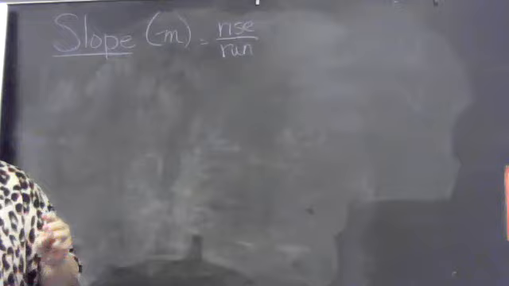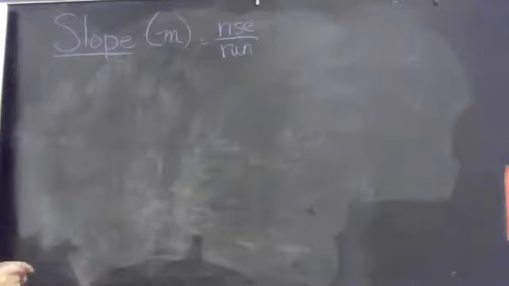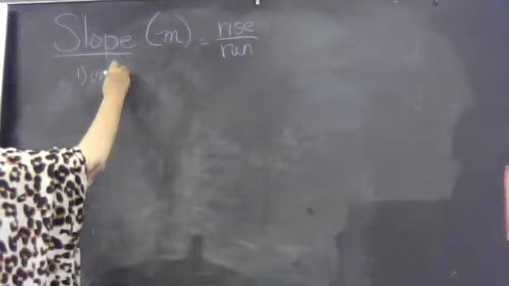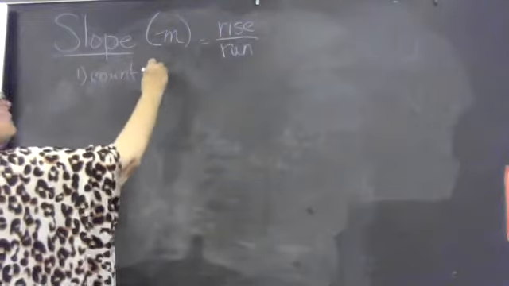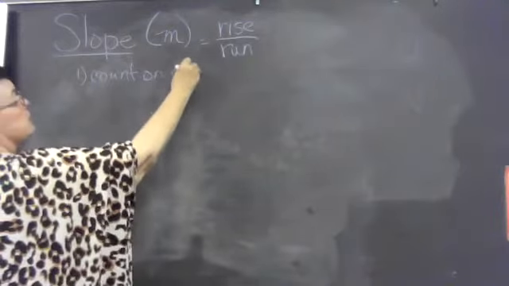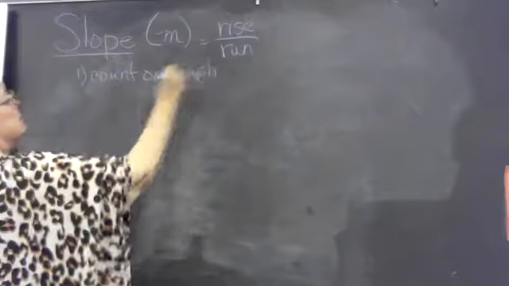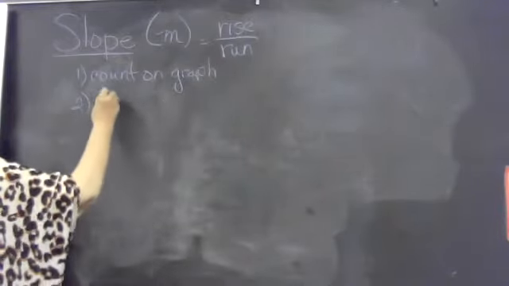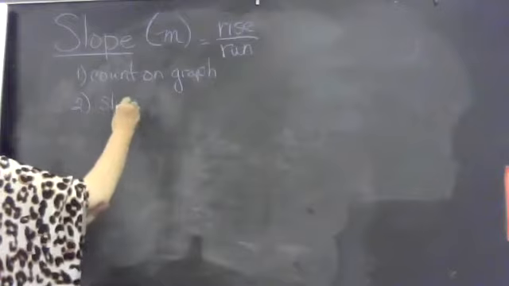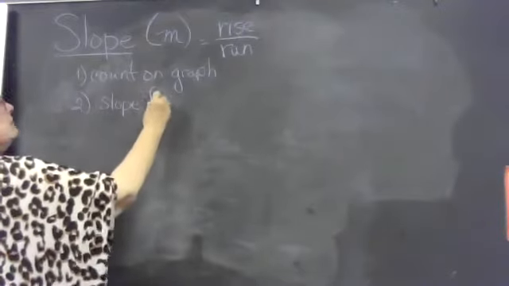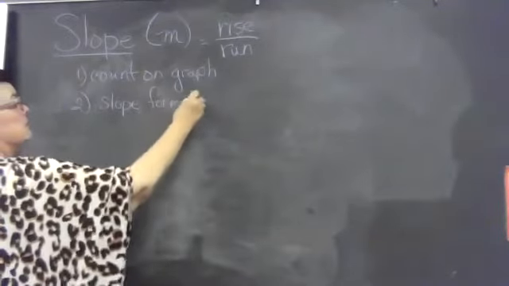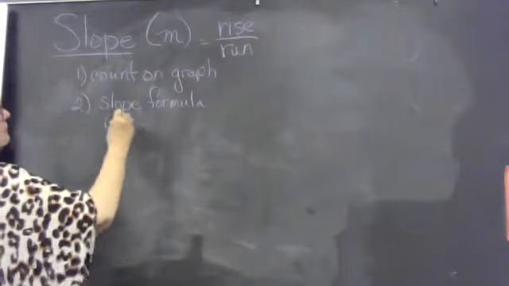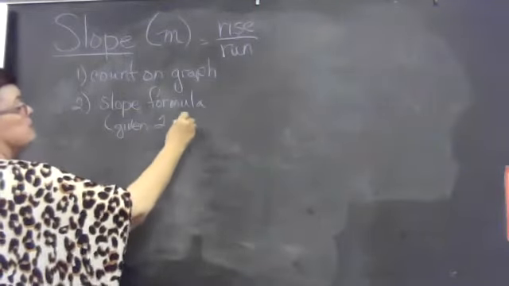You can find slope 3 different ways. You can count on a graph, and we did that yesterday. You can use the slope formula, and that's when we're given 2 points.